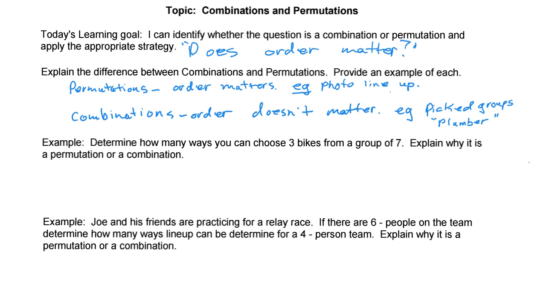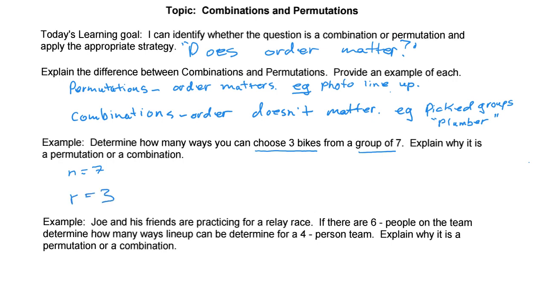So for the first problem, we take a look at this. It says, determine how many ways you can choose 3 bikes from a group of 7. So when you hear the words group of 7 and choosing them, we are using n is equal to 7 and r is equal to 3.